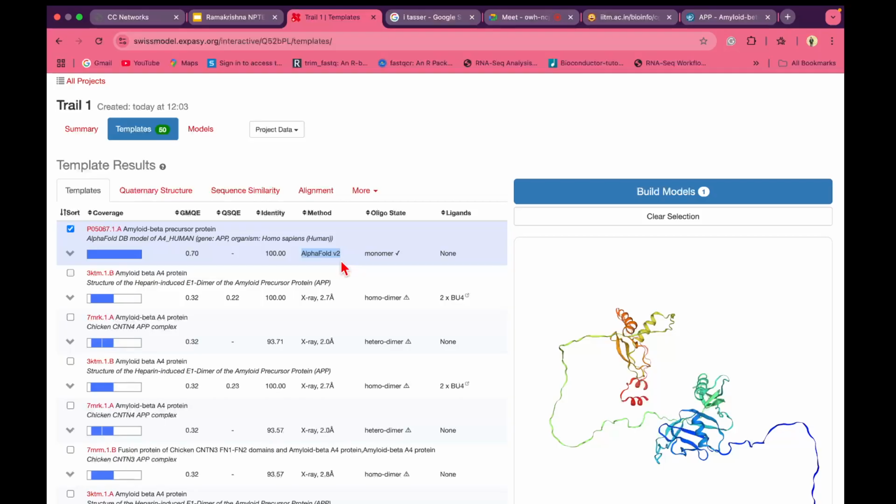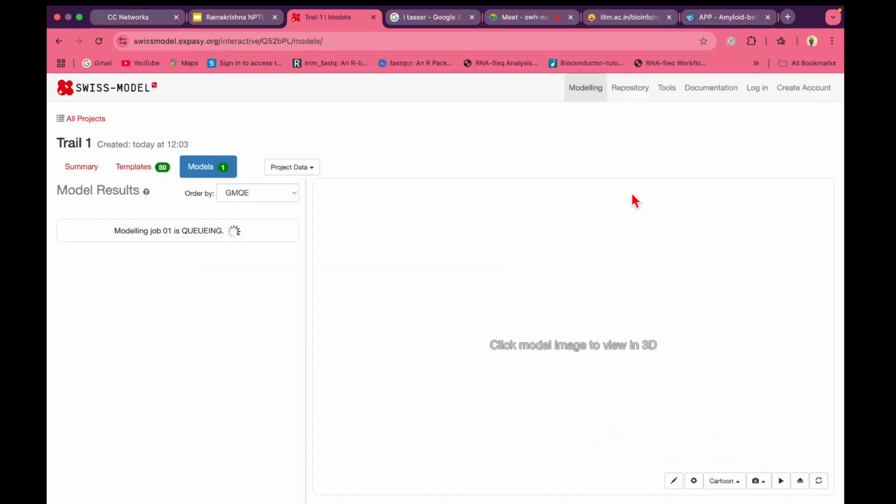So AlphaFold has a database as well, which has already pre-computed structures. Next, we have again amyloid beta A4 protein, which is X-ray. Its structural resolution is 2.7 angstroms. So now we can select the template and ask it to build a model.